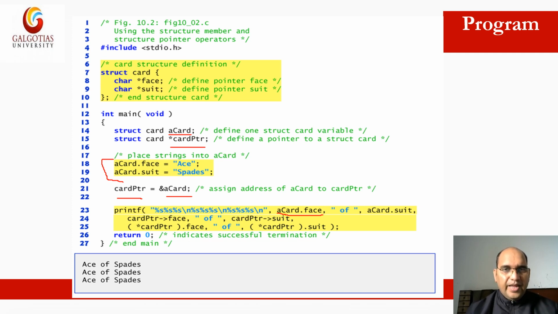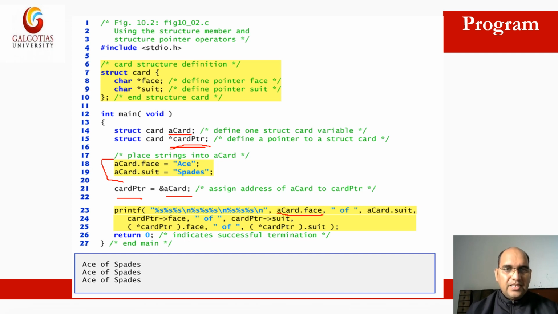Then after that, we have printed card ptr arrow face. So card ptr is a pointer which points to a structure type variable, and which structure type variable is it pointing to right now? It is pointing to a card. So card pointer arrow face means whatever value you have in a card face, that value will be printed.